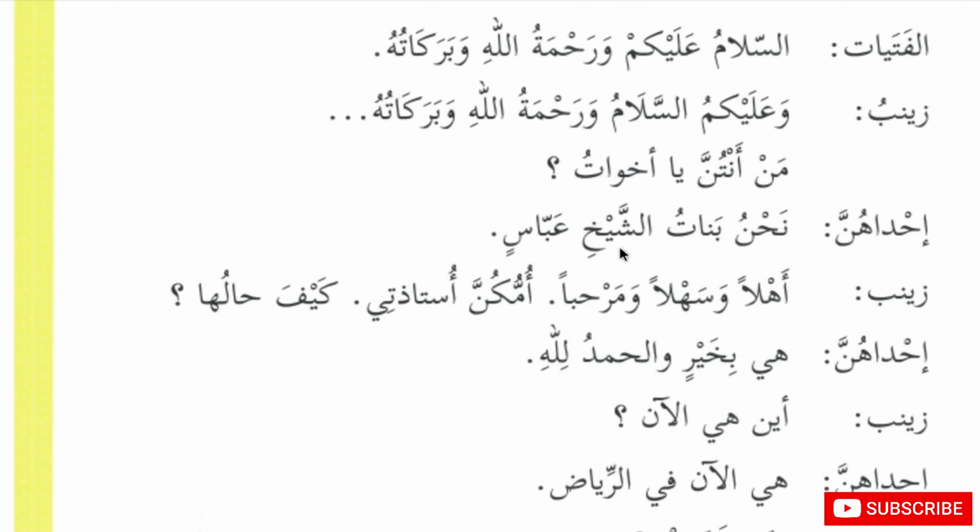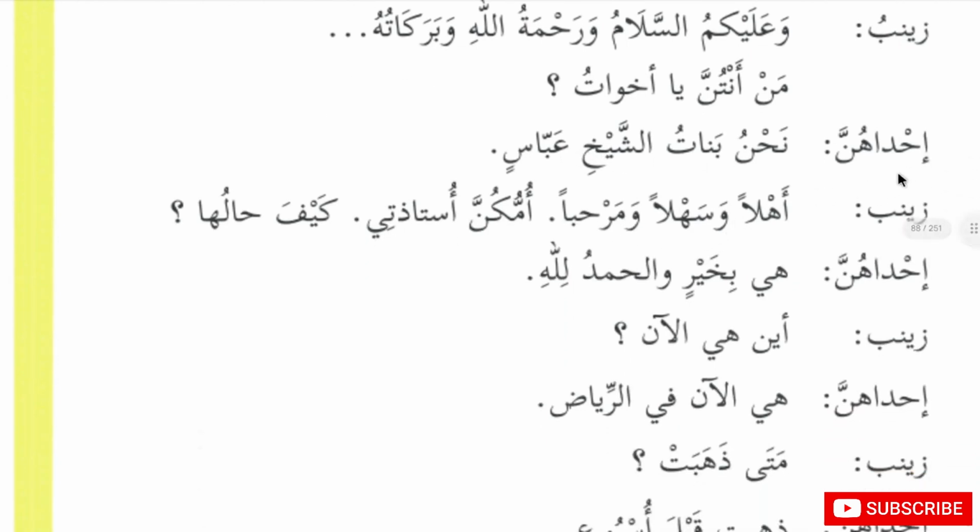Nahnu banatu Shaykh Abbas. We are the daughters, so the word banat is a plural of bint. Banat, we are the daughters of Sheikh Abbas. Now, if you remember from the last lesson, we saw the word ahada or ahadun. Yeah, it was ahadun or ahaduhuma or ahaduhum.